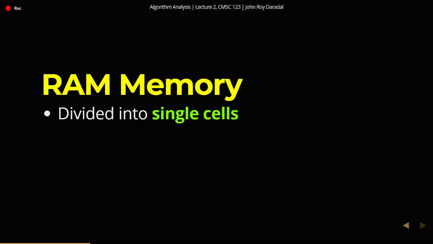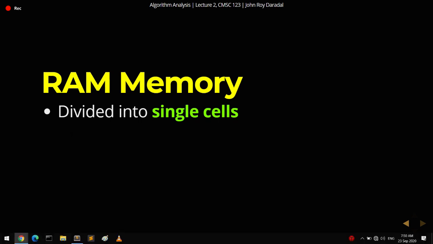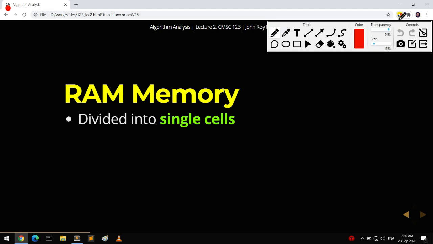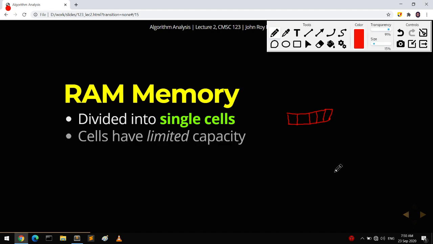Now, let's talk a little bit about the RAM memory. So the RAM memory is divided into single cells. For example, it would look something like this. So that's one cell, and another cell. Okay, so RAM memory is divided into single cells.